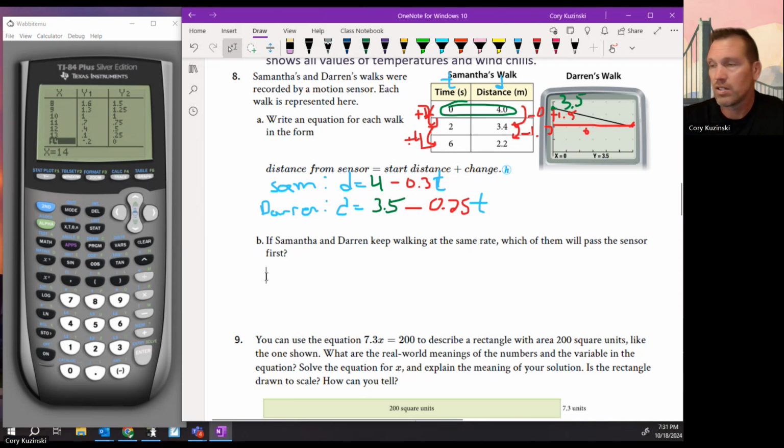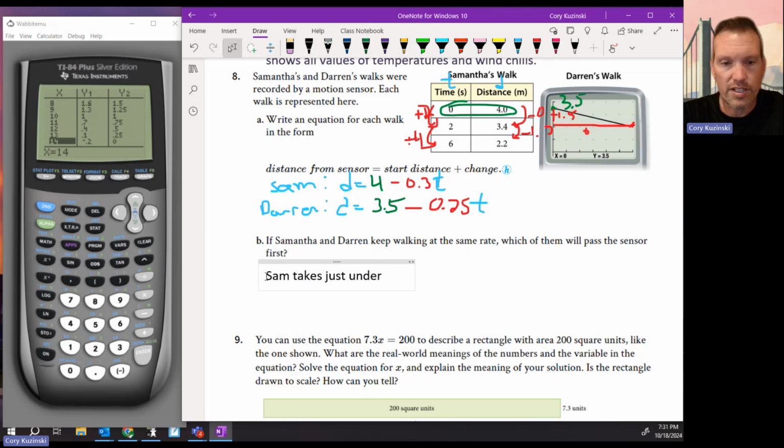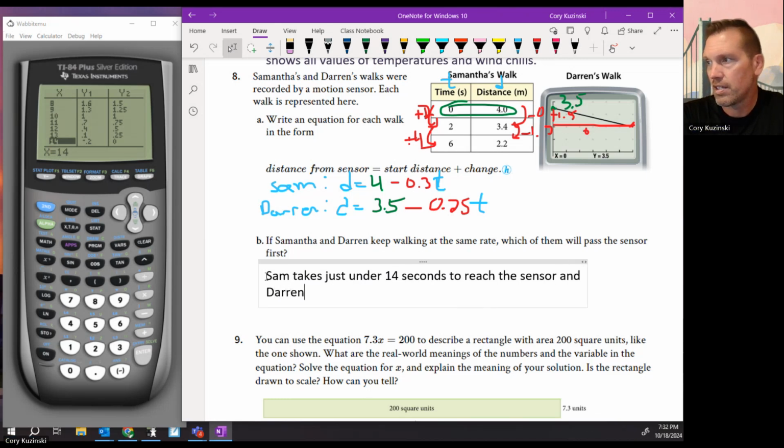So Sam takes just under 14 seconds to reach the sensor, and Darren takes exactly 14 seconds to reach the sensor. It was a close one.